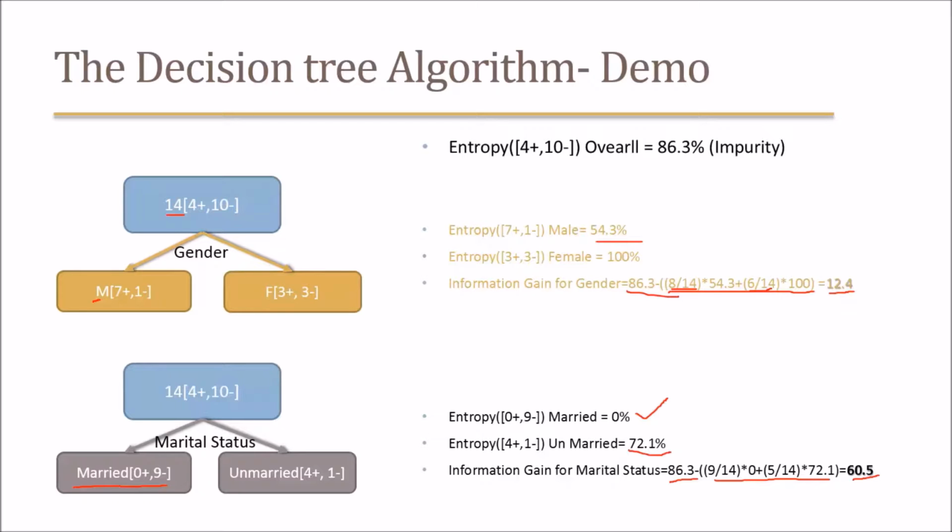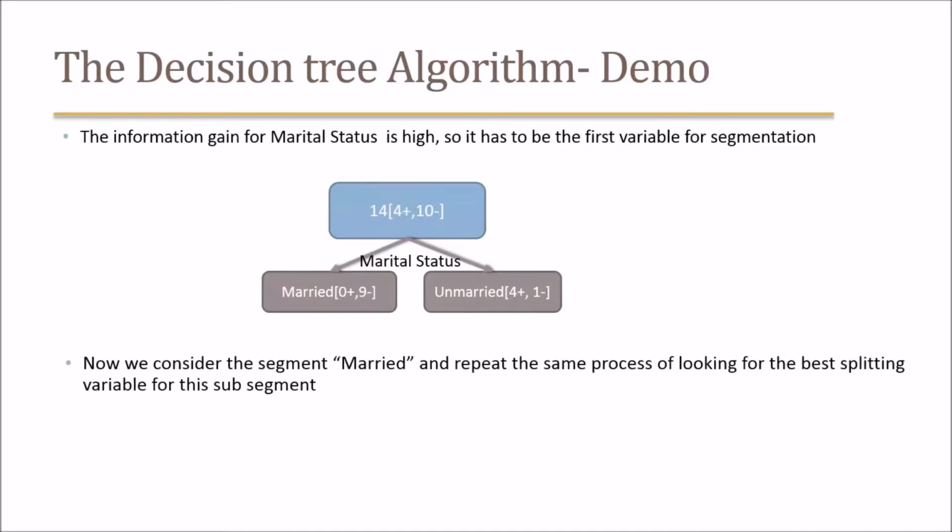So marital status has higher information gain, which means marital status needs to be given higher preference, which means the first split attribute should be marital status. Out of these two, marital status should be given higher preference for splitting.